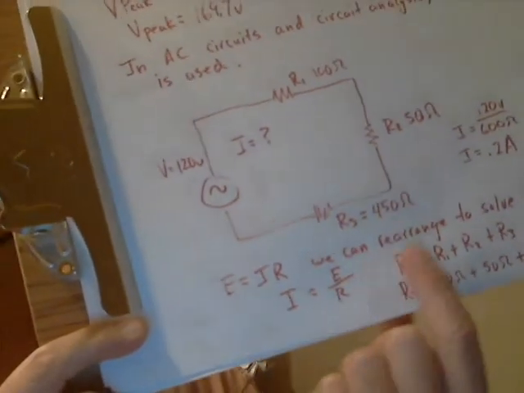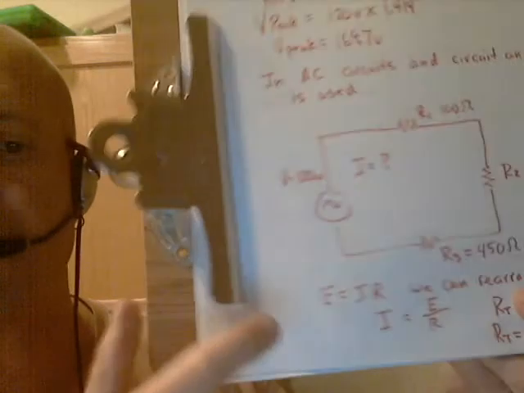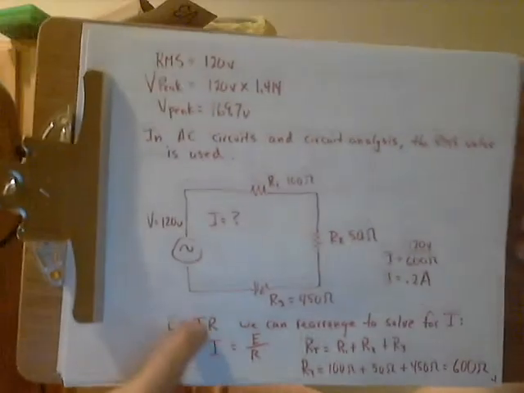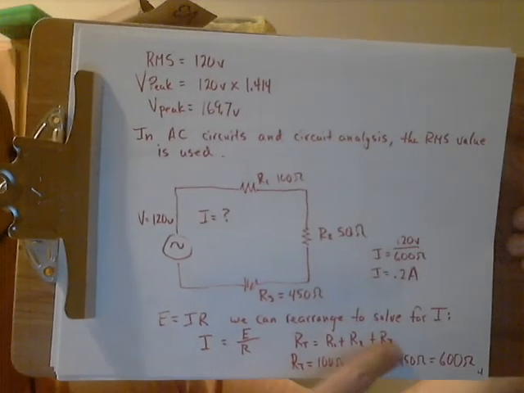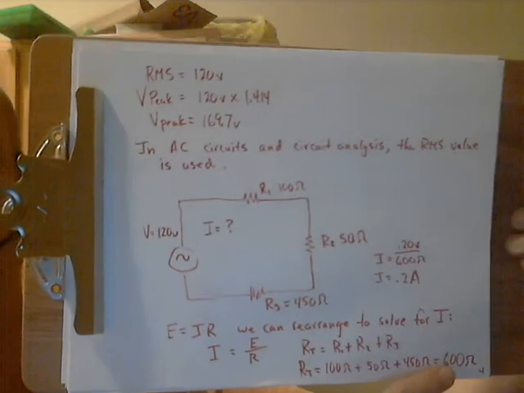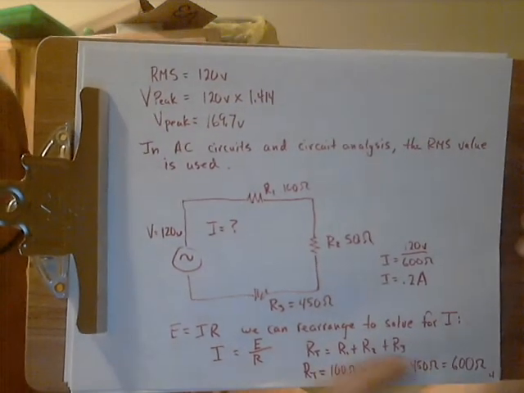I'm going to find my total resistance by adding the resistor 1 value plus resistor 2 plus resistor 3. I add all these up and it comes up to 600 ohms. Remember that resistance is measured in ohms.